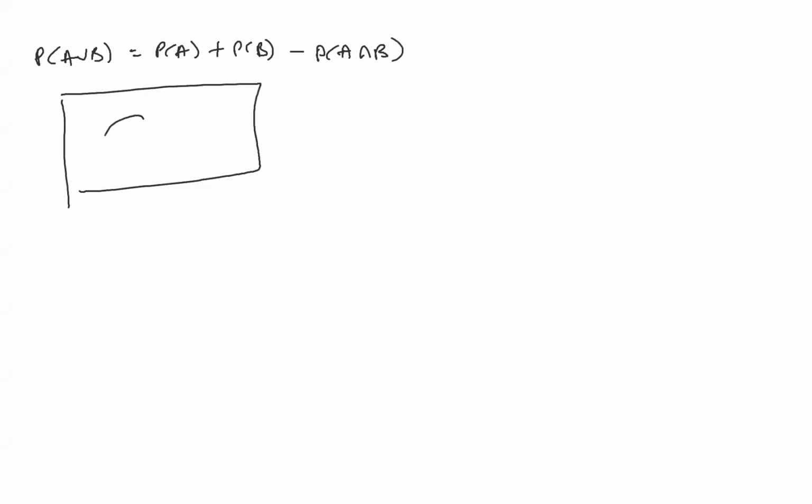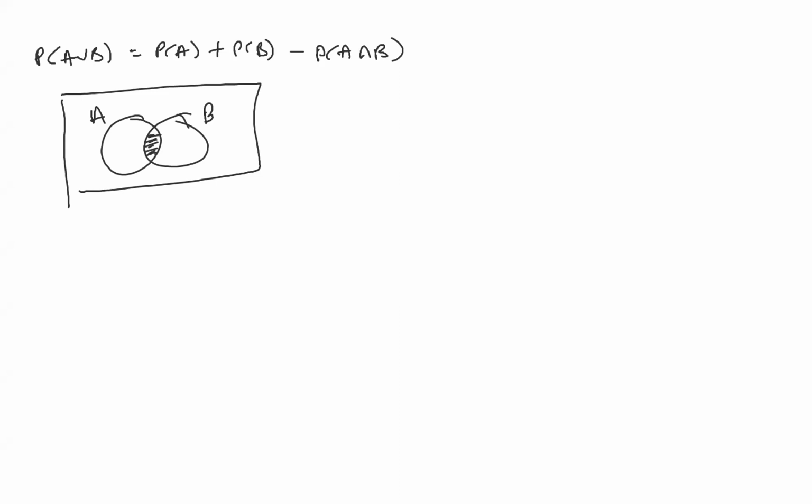So we are saying the probability of A union B equals the probability of A plus the probability of B minus the probability of A intersection B. Using a Venn diagram, A and then B. This is the point of their intersection. All right.